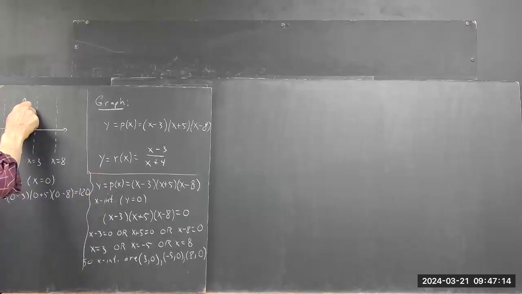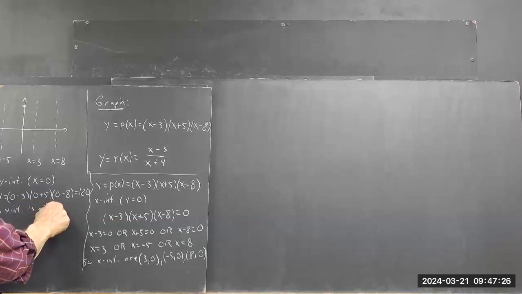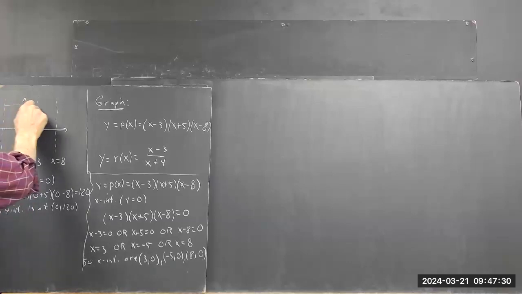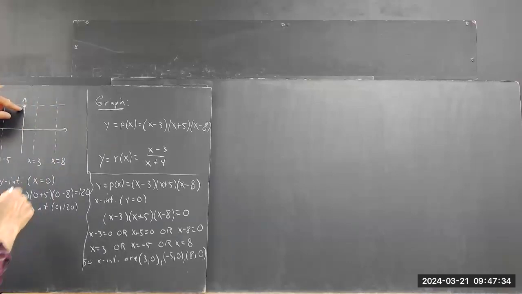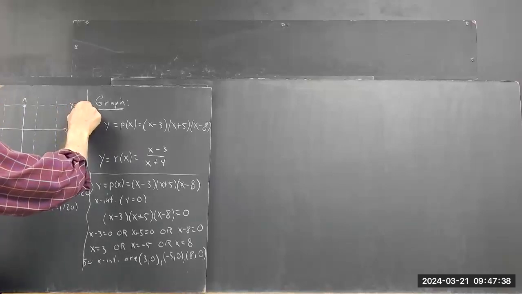So we put our y-intercept up here. On the y-axis, where x equals 0, we're going to have the point where y equals 120.